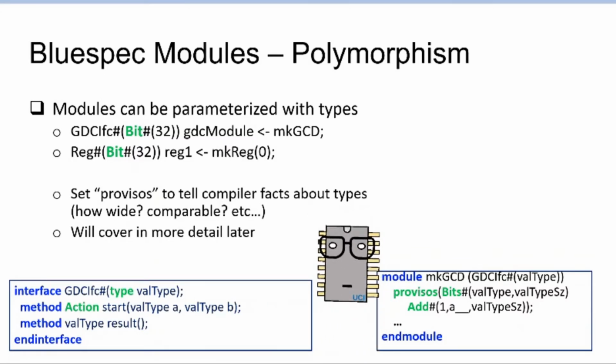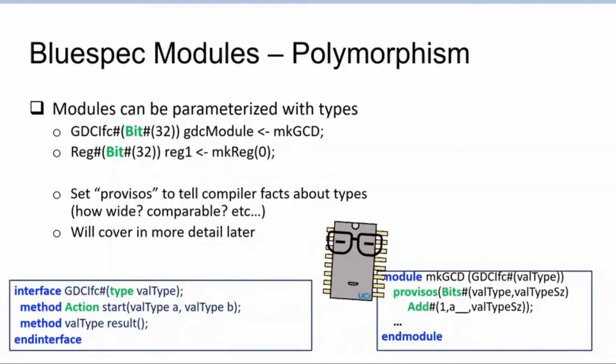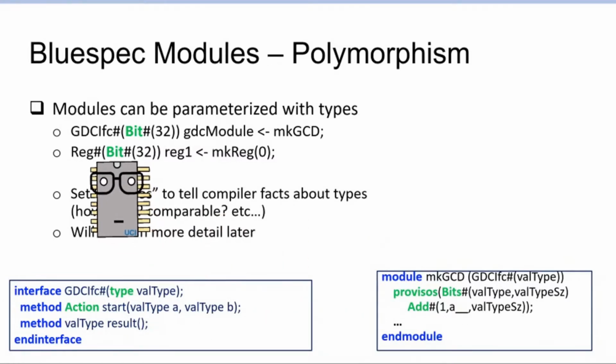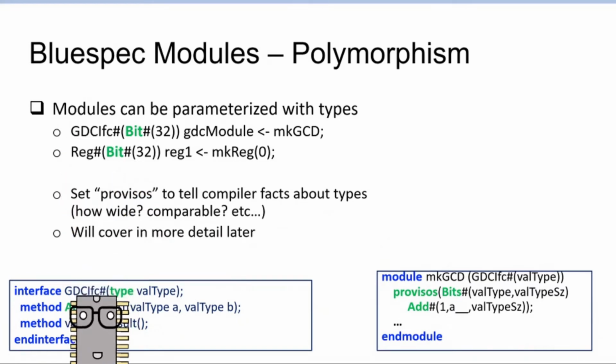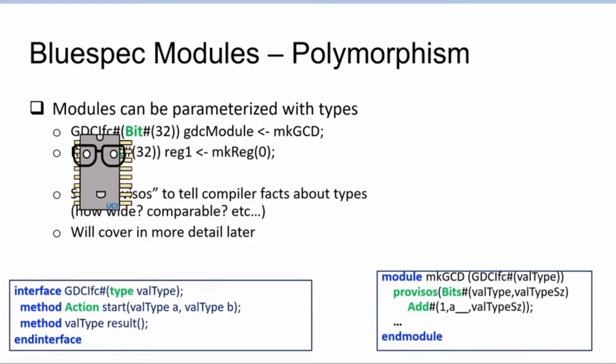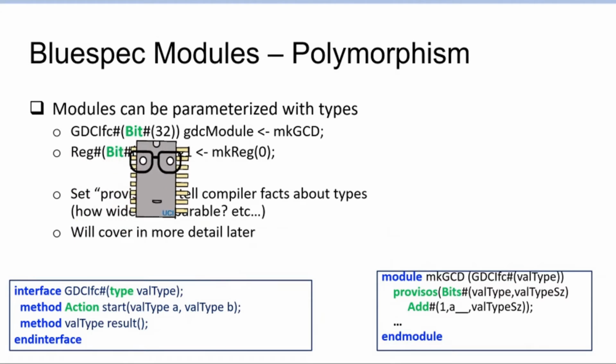So the only thing that we need to take away from this slide is that, for example, when we instantiate a register or FIFO, which we saw before, it uses a very similar syntax: register parameterized with bit 32. Just like how if I had implemented GCD-IFC in this way, GCD-IFC can be parameterized with bit 32.